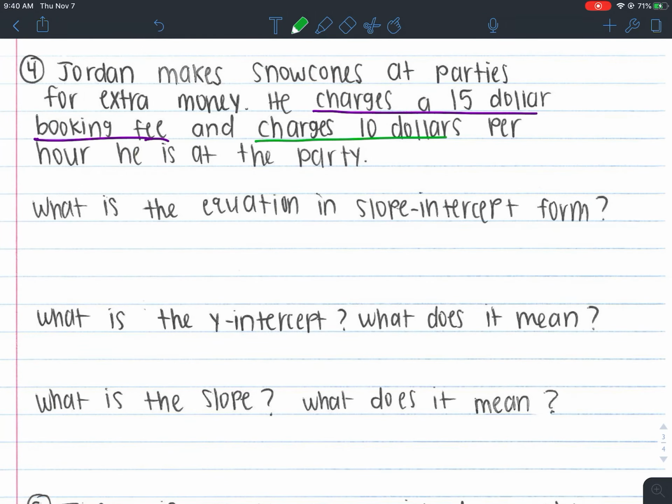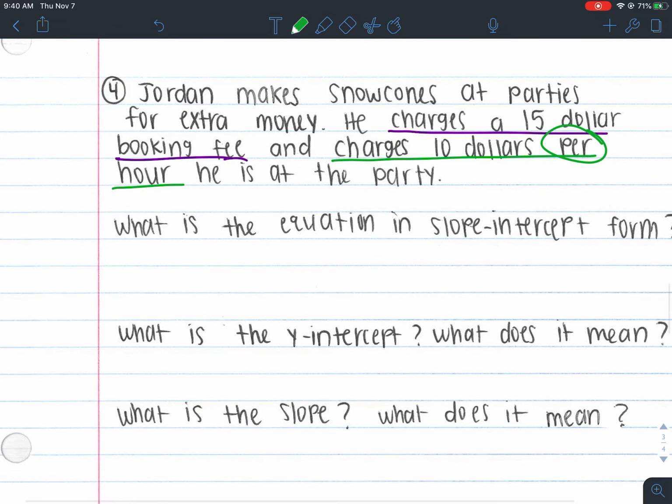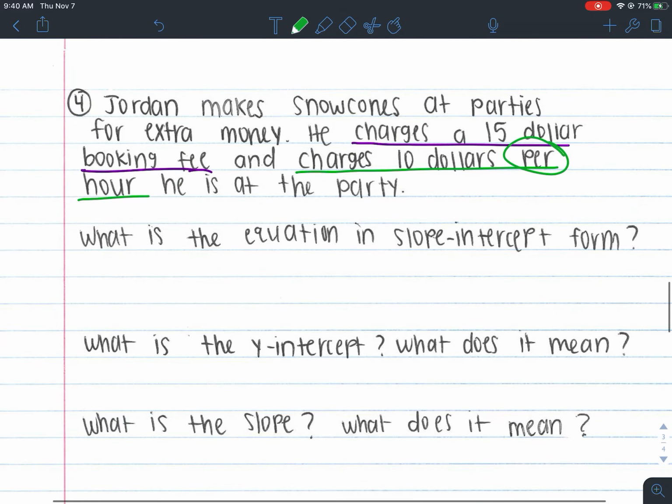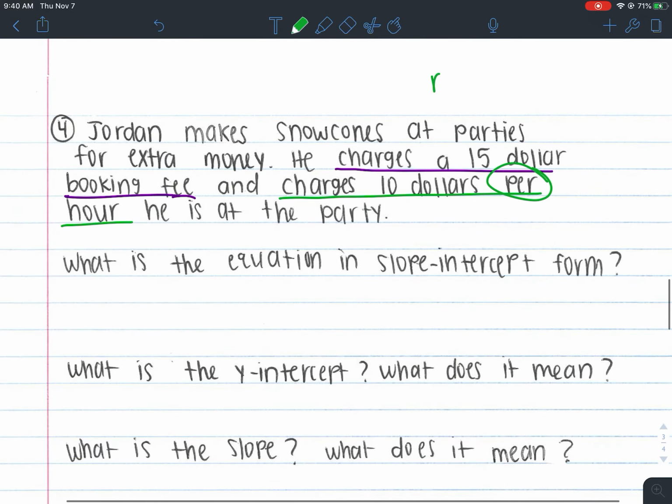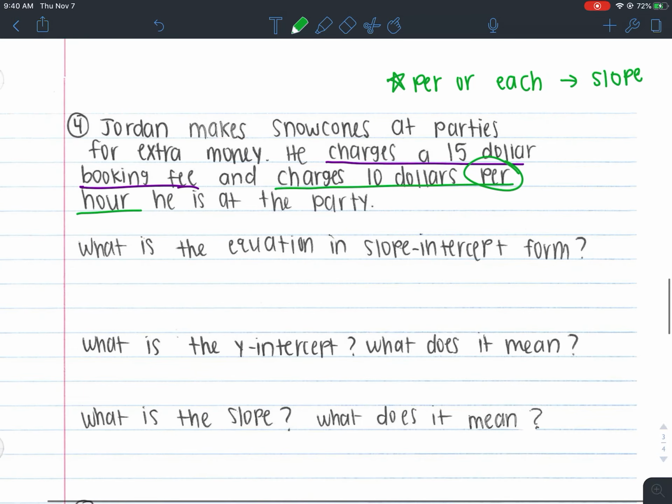And then we also know that he charges $10 per hour. The key word here is per. When I see per hour or each hour or each minute, each mile, something like that, it rings a bell that says, hey, this is probably the slope. So per or each is going to tell me that it's the slope. Those are keywords for me.